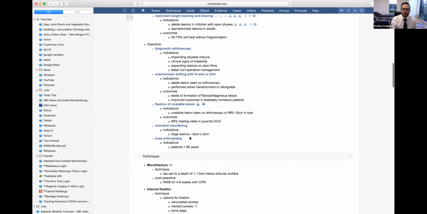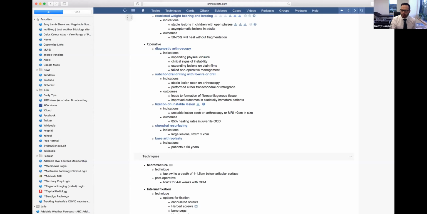If you've got an unstable lesion, then we're getting into a whole lot of trouble. An unstable lesion is one where, when you press on it with the probe, it moves, or you can get a probe underneath it, or you're seeing fluid behind it on the MRI scan. Those are the ones that you should fix, and there are various ways of doing that.